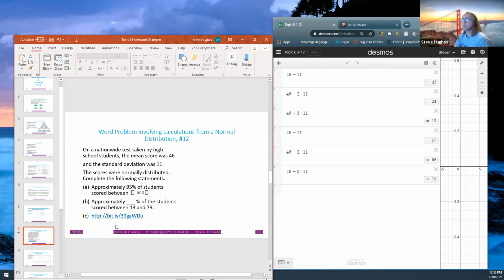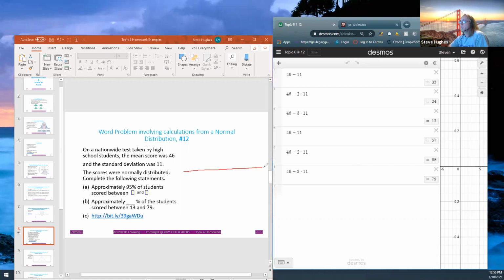So we want to know approximately 95% of students scored between what two values, okay? Let's go with it. 46 is the mean. 46 minus 1 standard deviation is 35. 46 minus 2 times the standard deviation is 24. That is my answer, right? That's 2 standard deviations below the mean, right, everybody?